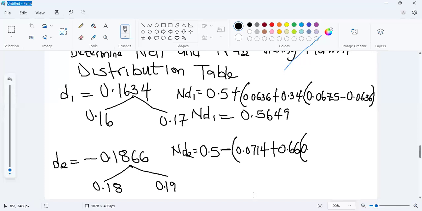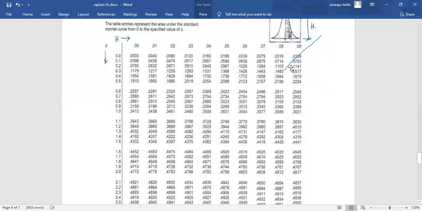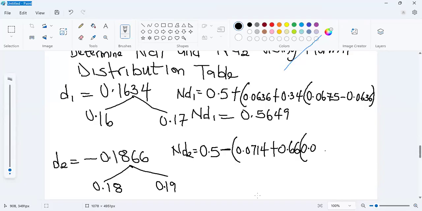Now go check 0.1 trace to 9. 0.0753, minus the figure we derive at the lower end, 0.0714.